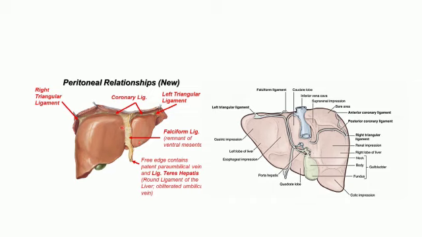Coming to the coronary ligament, it consists of connective tissue, branches of the right inferior phrenic artery, communication between the systemic and portal veins, the upper part of the right suprarenal gland, and sometimes the upper end of the right kidney.